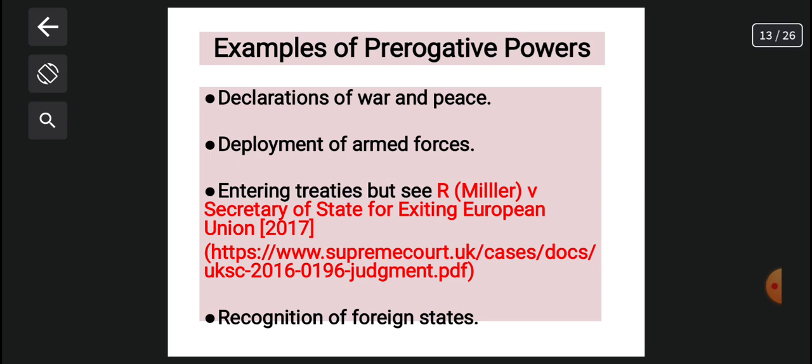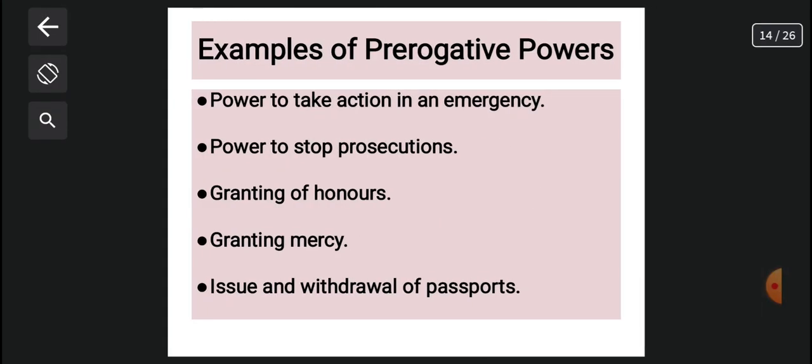Recognition of foreign states. Some other powers are the power to take action in an emergency, power to stop prosecutions, granting of honors, granting mercy, issue and withdrawal of passports.